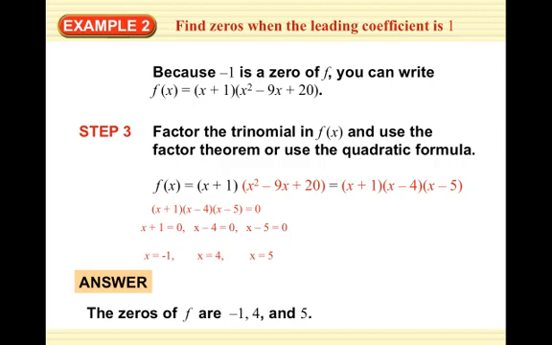Once you find one that works, we found that negative 1 was a zero, you use that to create the binomial factor, and then you use your quotient to create the remaining factor. Once the remaining factor is a quadratic, you can either factor it, or if it's prime, you're still going to set that quadratic equal to 0 and just use the quadratic formula.